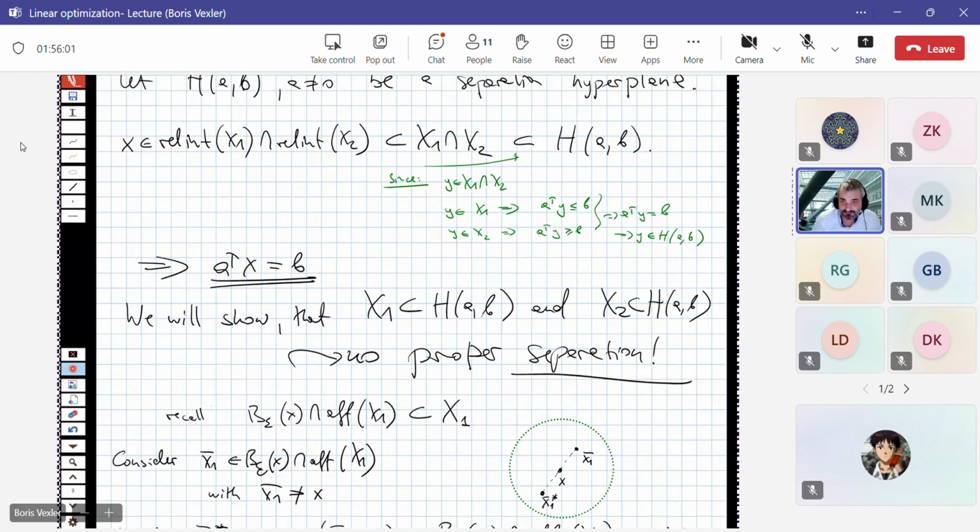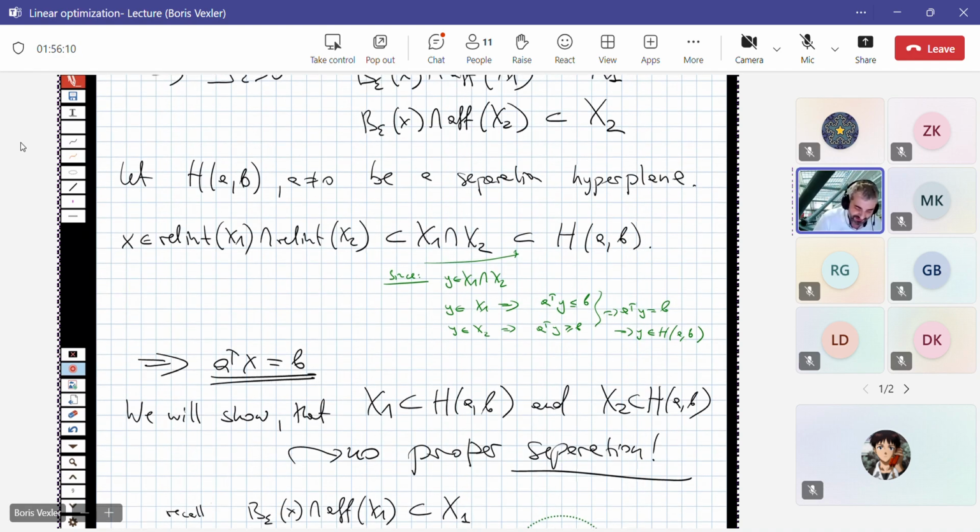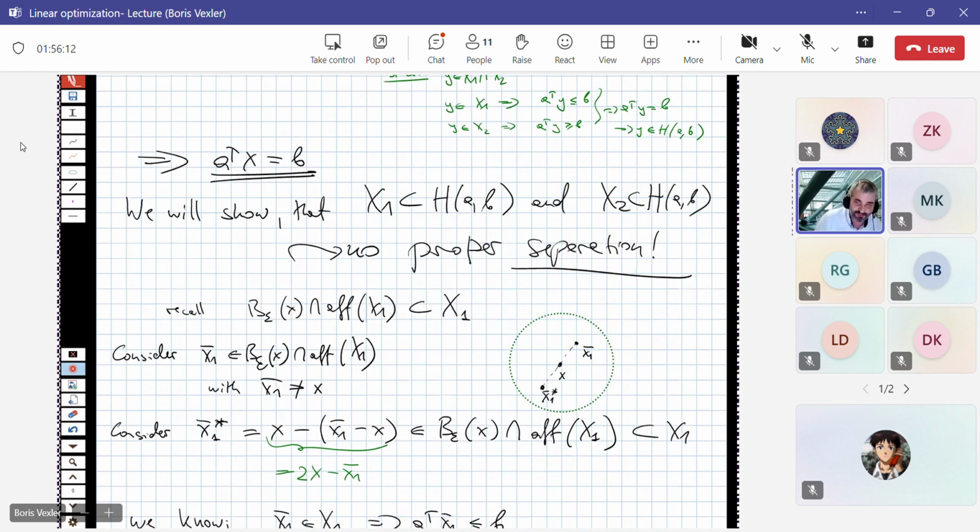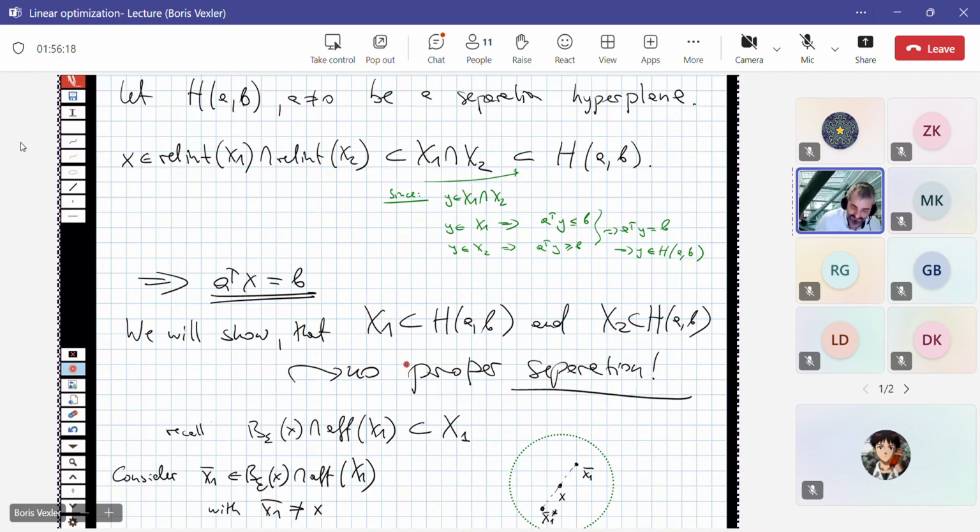I mean, the intuition behind it is not so easy to say. Probably you will see a little bit of intuition from this proof, but this is a kind of formal proof that X1 is a subset of H_{A,b}, and in the same fashion we will see that also X2 is a subset of it.